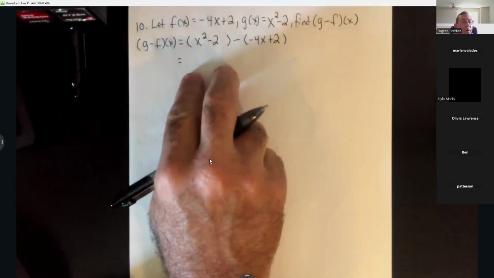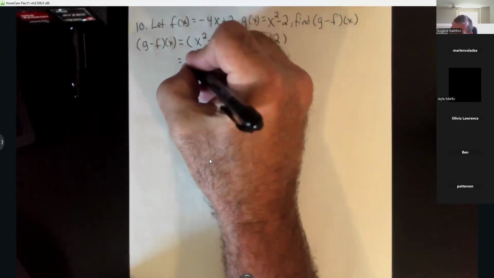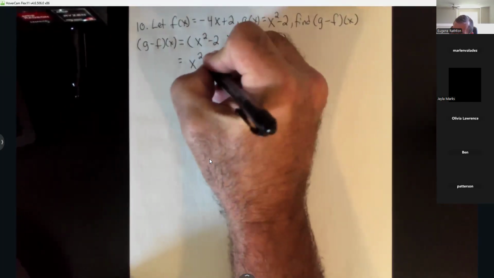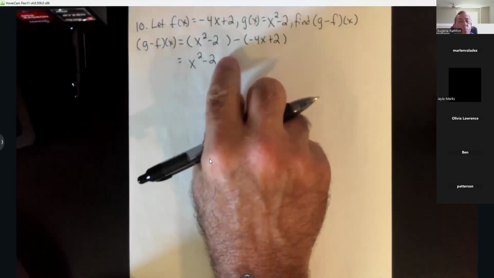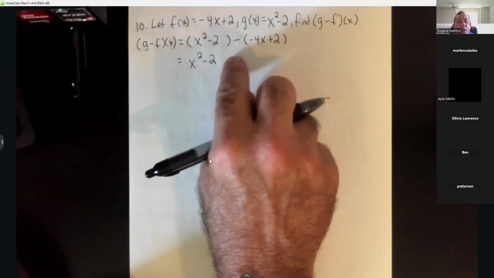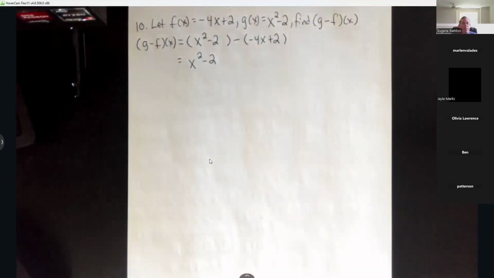So we're going to drop the first parentheses, and that's going to come out as an x squared minus 2. So y'all, what would y'all put as the next two terms? What would we finish that line out with?